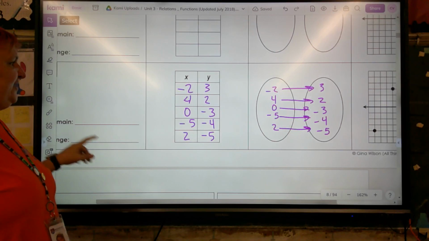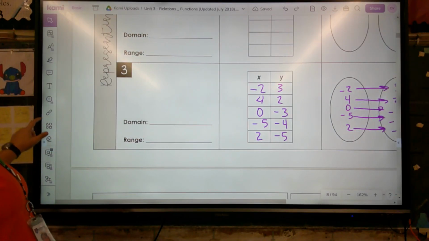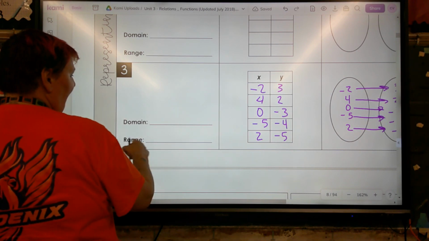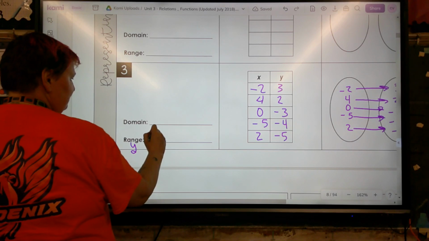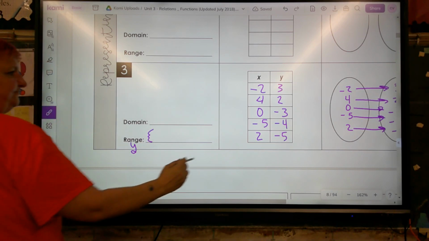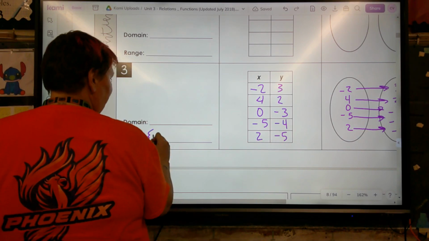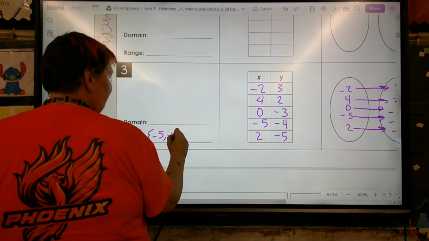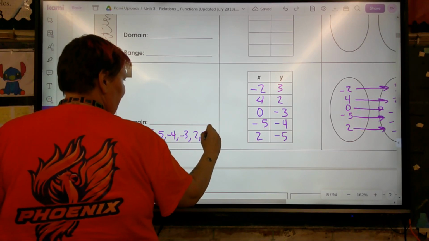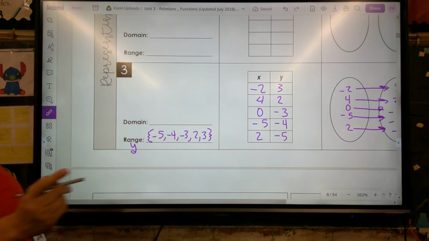Using the same information as what's in the table, we're going to go backwards again. Our range is our Y values. Remember our Y values. We want lowest to highest. So -5, -4, -3, 2 and 3. How weird, they were in order. I did not do that on purpose.